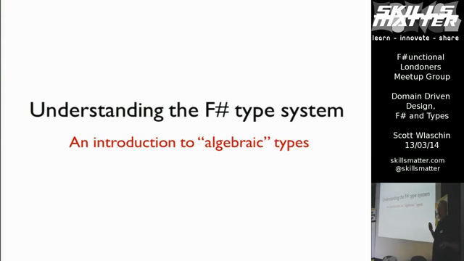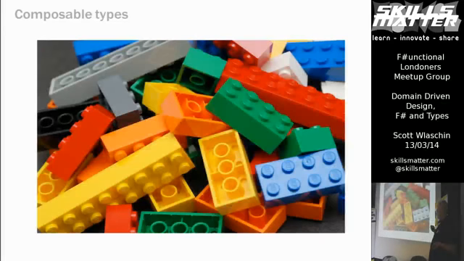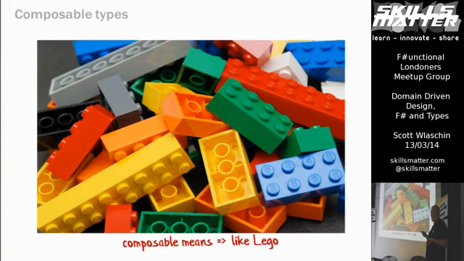Algebraic is another mathy word, so I'm going to call it composable types instead, because that actually represents how useful they are. What I mean by composable is it's like Lego. Just like you can glue Lego together to make a bigger piece of Lego, you can glue types together to make bigger types.